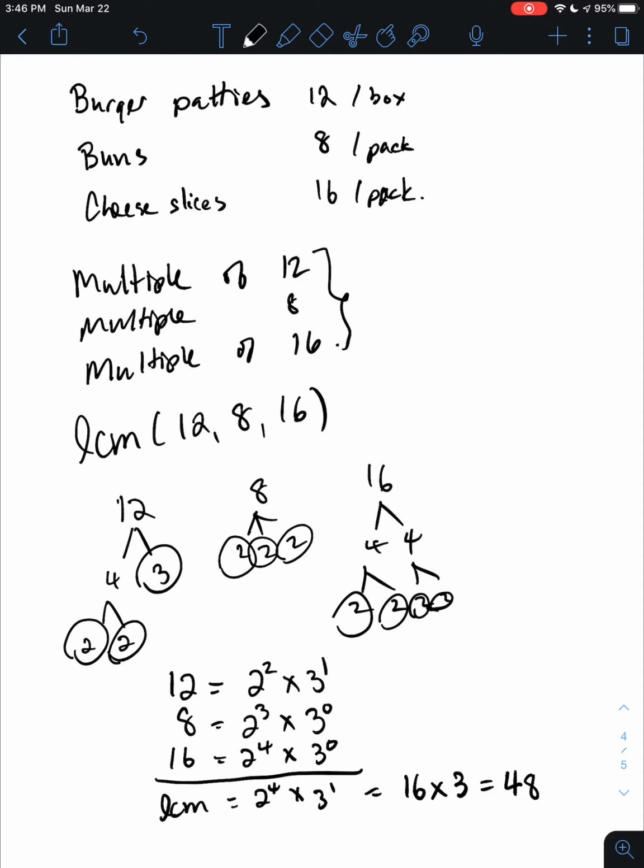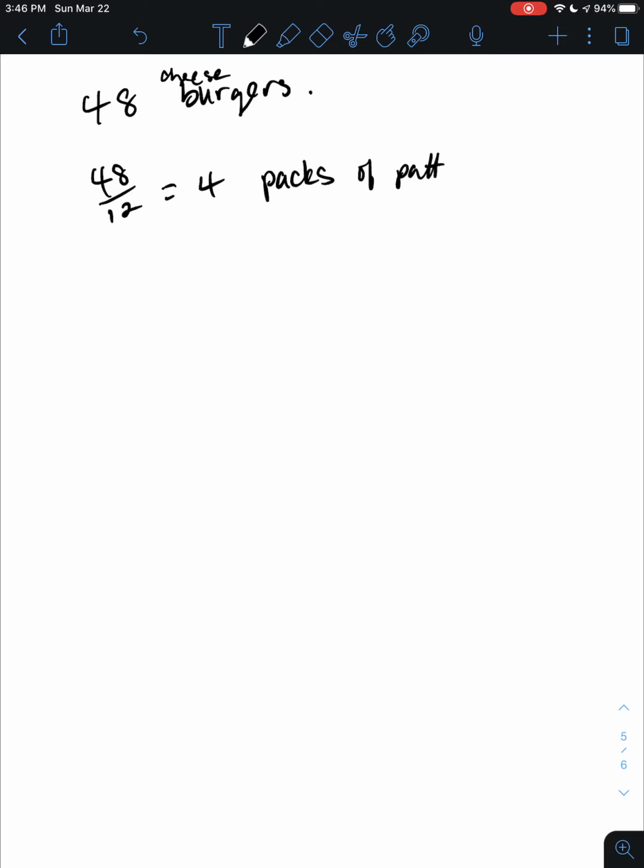Let's see how many of each pack I need. 48 burgers. That is 48 divided by 12 equals 4 packs of burgers. These are cheeseburgers, right? Get that word cheese in there. Okay, these are 4 packs of patties.